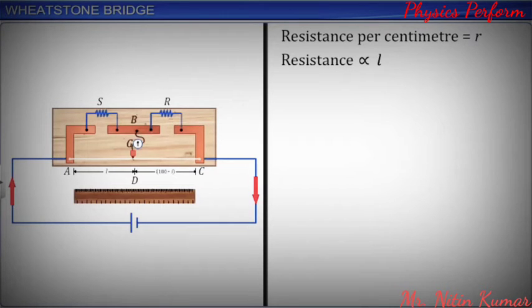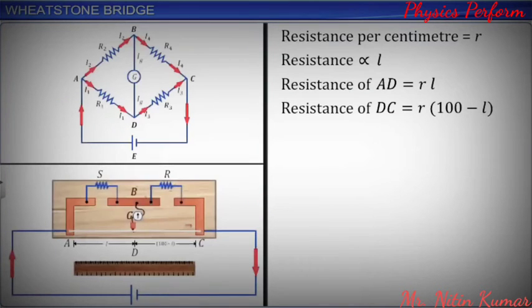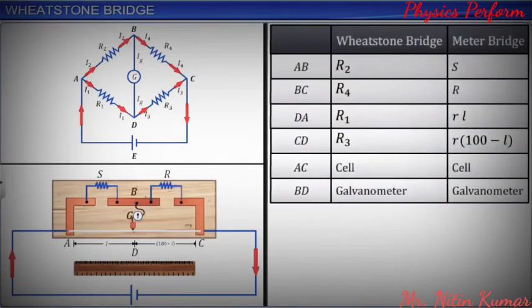Thus, the resistance of the AD part of the wire is equal to R into L, and the resistance of the DC part of the wire is equal to R into 100 minus L. The Wheatstone bridge and meter bridge circuits are very similar. The table shown gives the comparison of resistances between the Wheatstone bridge and the meter bridge.